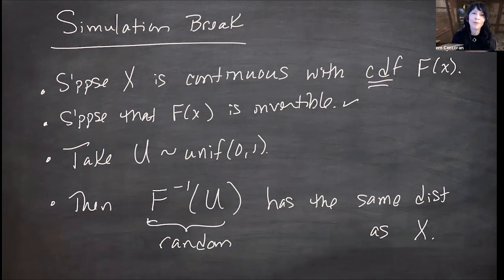And that's what keeps me in business. If you can't simulate this way, then you move on to your next tactic, which for us is going to be the accept-reject algorithm. And that's going to require that you be able to bound something. And if you can't do that, you move on to your next tactic, and if you can't do that, your next one. And that's what, again, keeps me in business, because there is no one recipe to simulate all random variables, much less all continuous random variables.